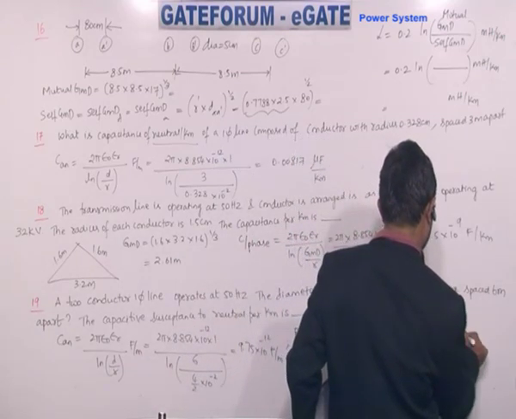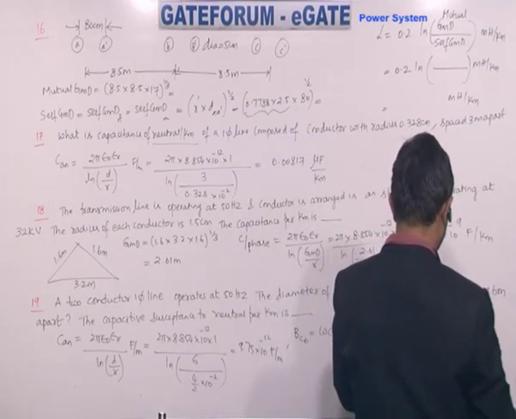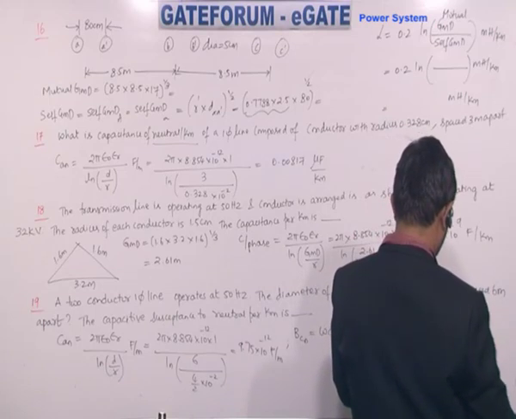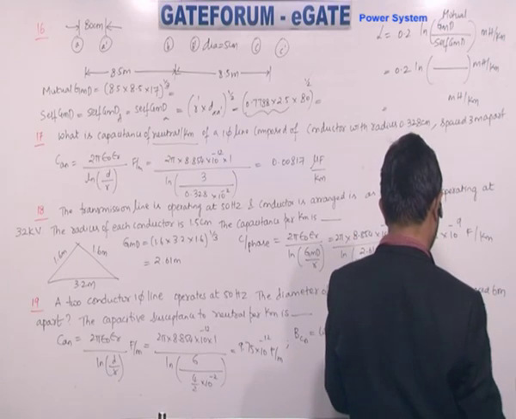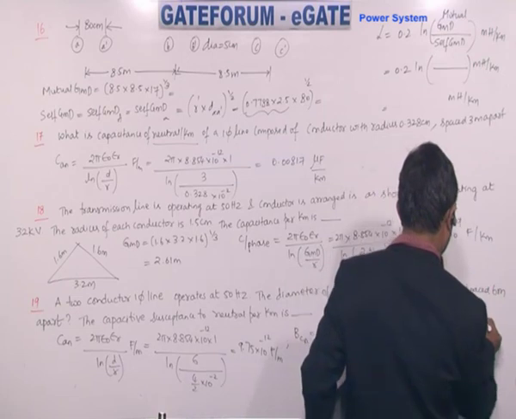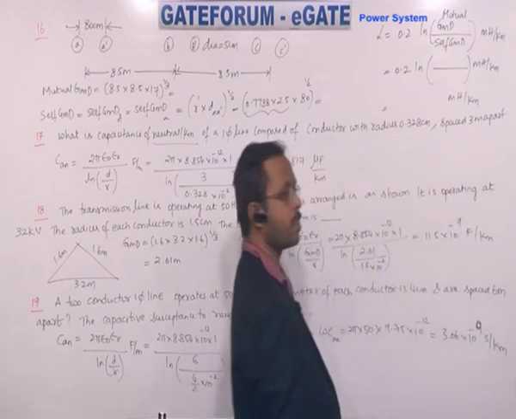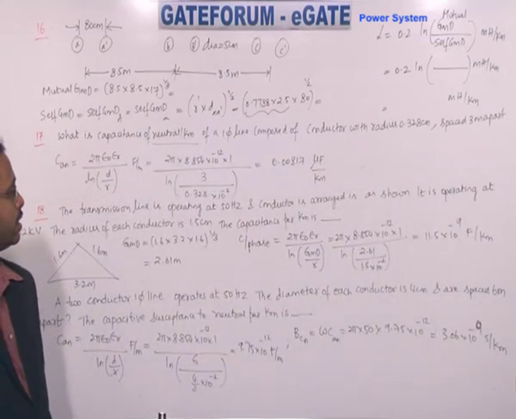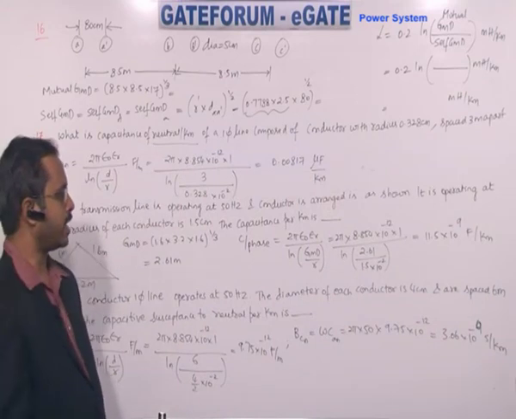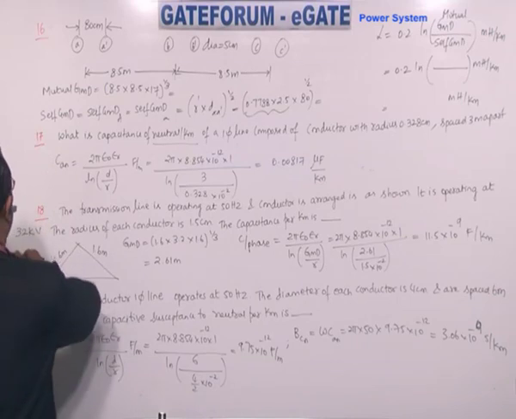So 3.06 into 10 power minus 6 Siemens per kilometer. So this is how you represent and find the capacitive susceptance here.